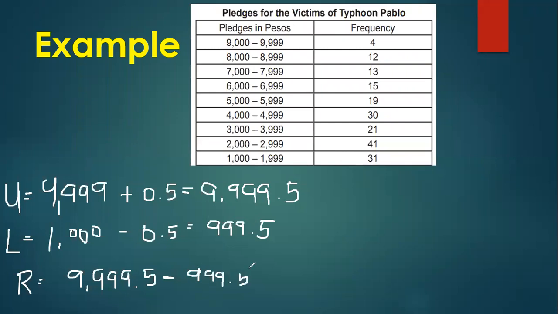What is the answer? Range is equal to what? 9,000.5? Just only 9,000. Okay? So therefore, the range of the given dataset is 9,000.